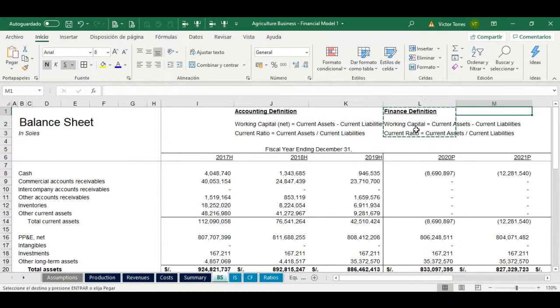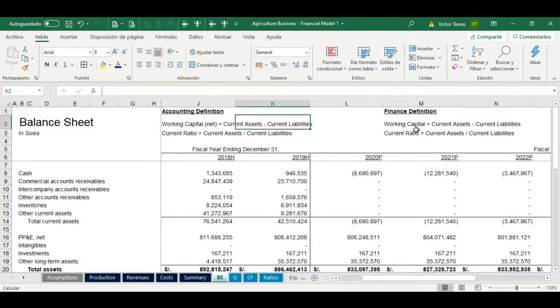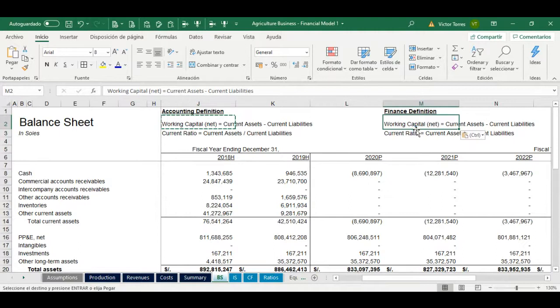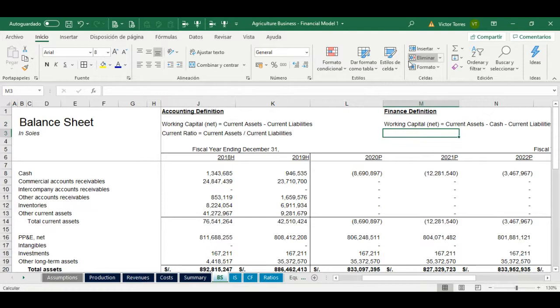Let me move this a little bit to the right. For working capital net, it's current assets minus cash, minus current liabilities. Why? Because when we work in finance, you are trying to estimate the cash flow, and if you incorporate the cash as part of the working capital, it generates a circular reference in a typical estimation. By the way, these numbers, as you're going to see, are a plug that is being affected by what we have here as sales.